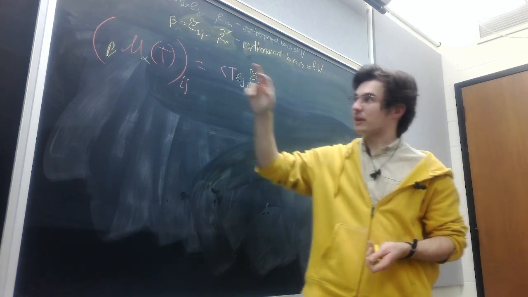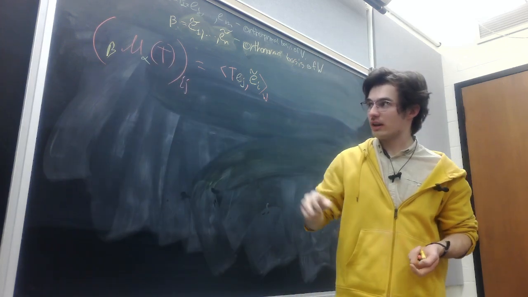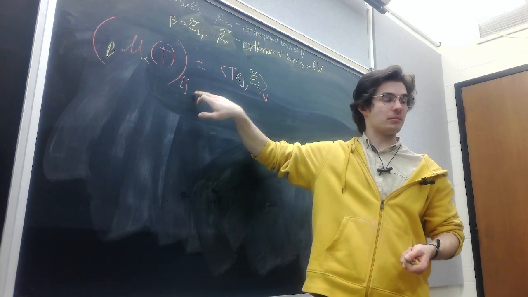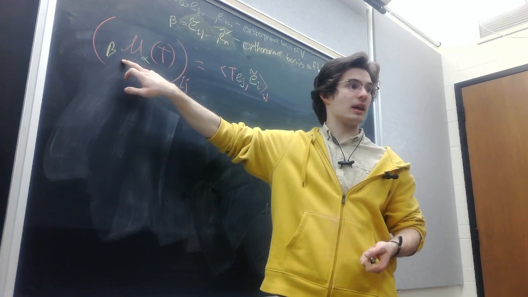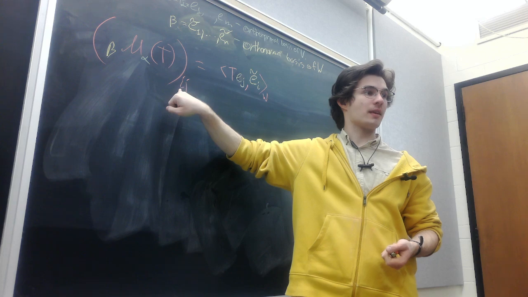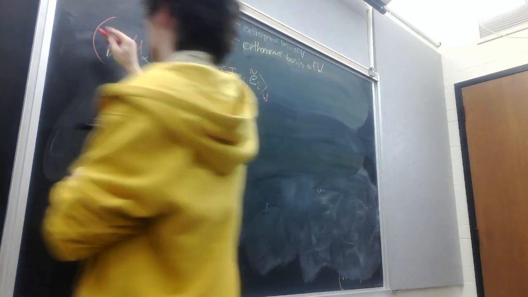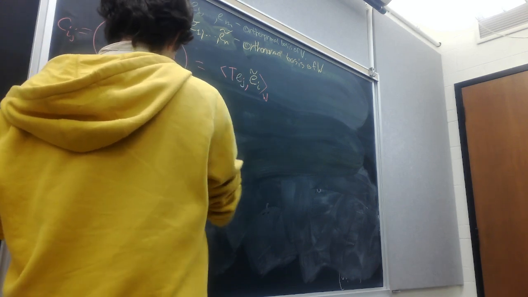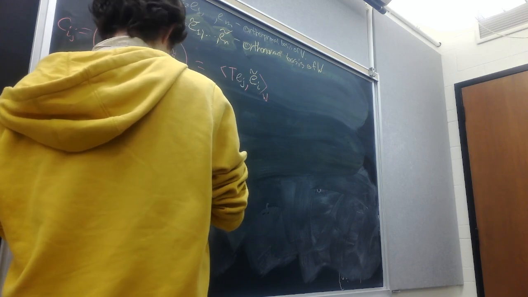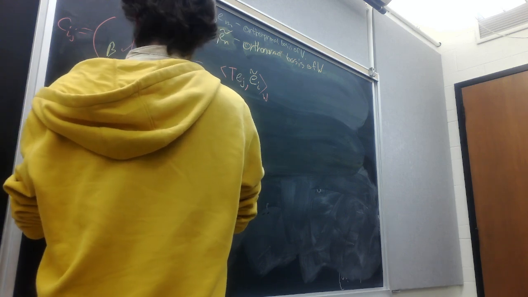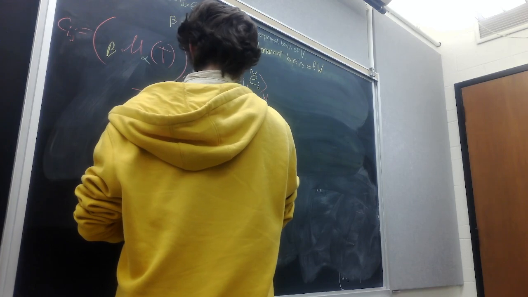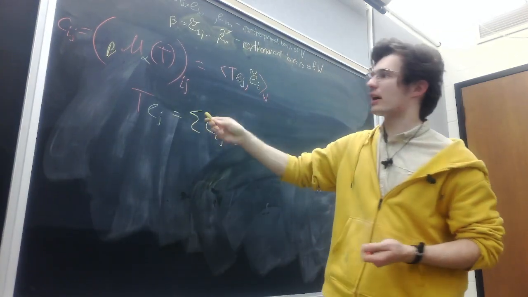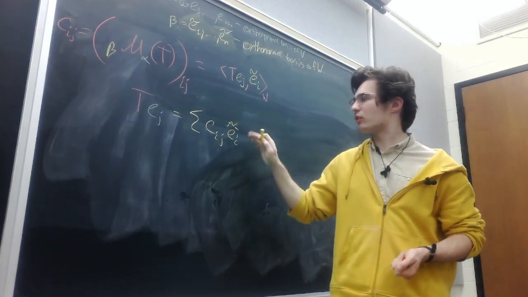A matrix going from the basis alpha to the basis beta, the ith and jth entry, is what you would get if you took the jth basis vector in V, applied T to it, and expanded it in the beta basis, and looked at the coefficient in front of E I. If we call these matrix elements Cij, then these matrix coefficients were defined such that T E J was equal to the sum of Cij E I. They were just defined to be the coefficients of this expansion.